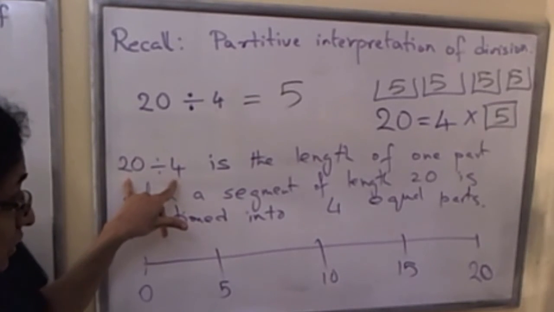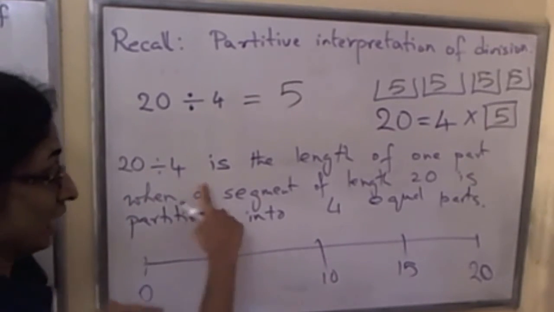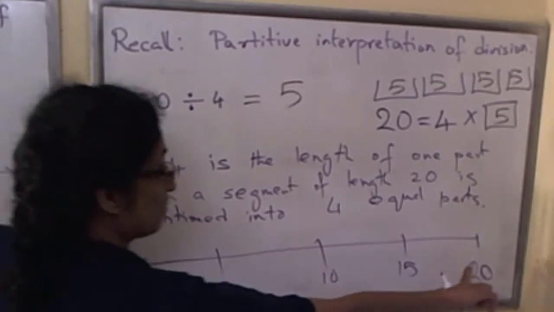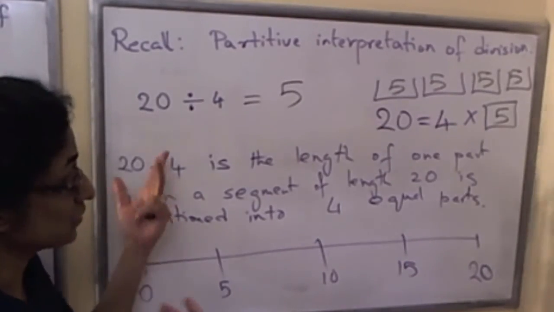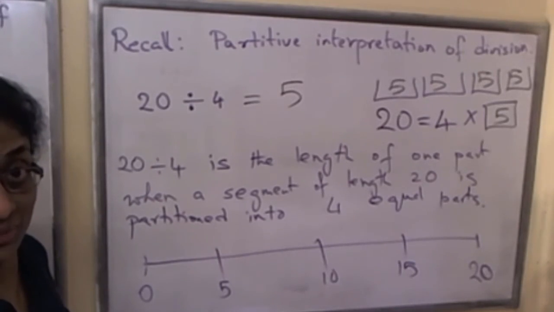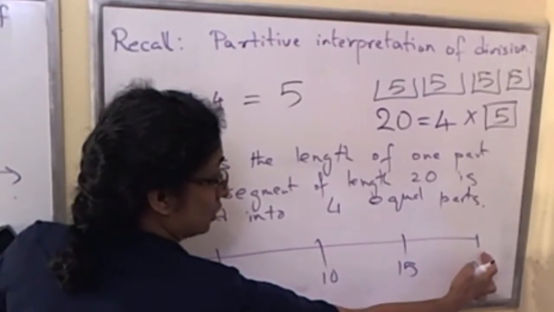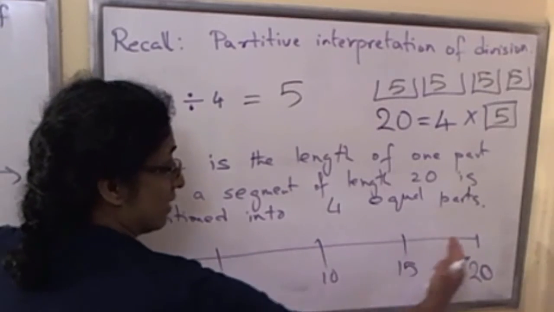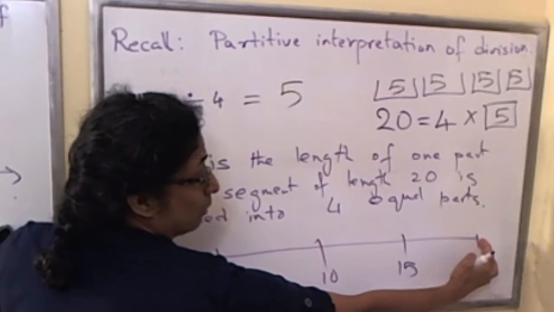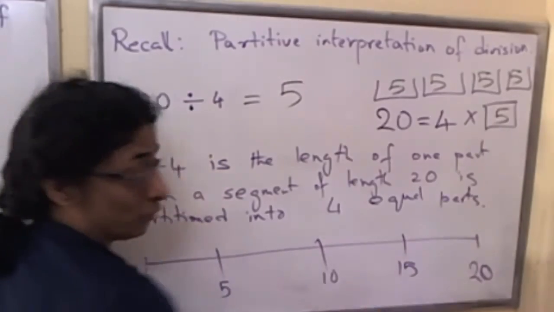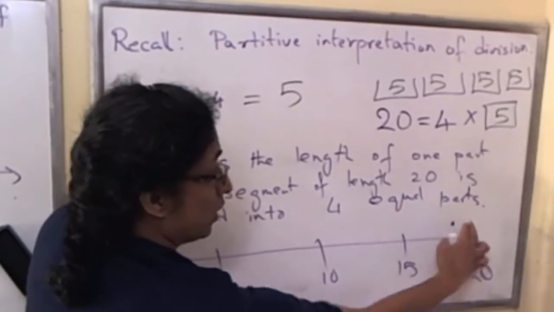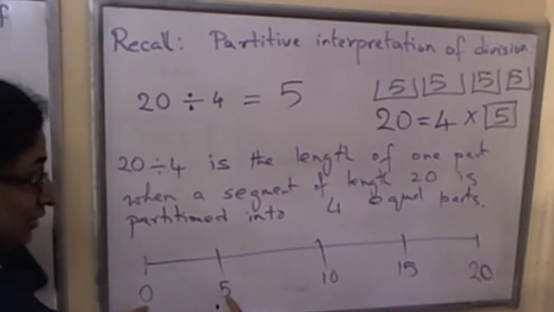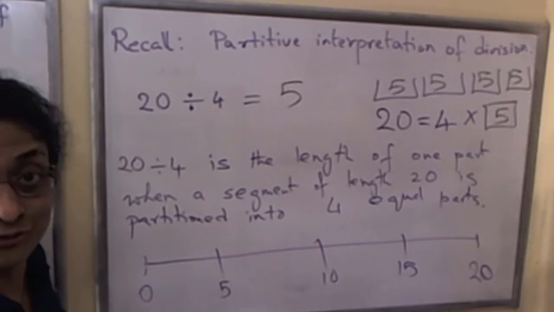But if we think of 20 divided by 4 as the length of one part when a segment of length 20 is partitioned into 4 equal parts, it is really still talking about the same thing. Instead of 20 objects, I now have a continuous model. I have a segment of length 20 and I'm partitioning it into 4 equal parts, and each part's length would still be the same answer of 5.